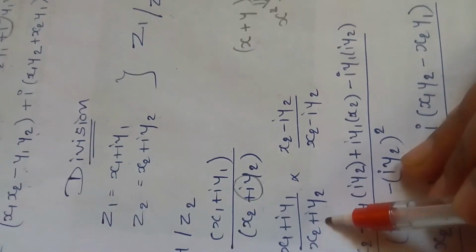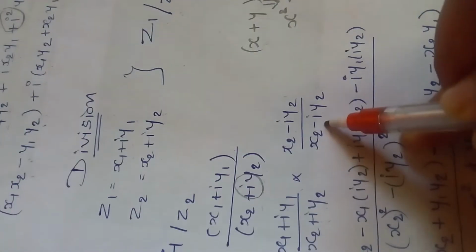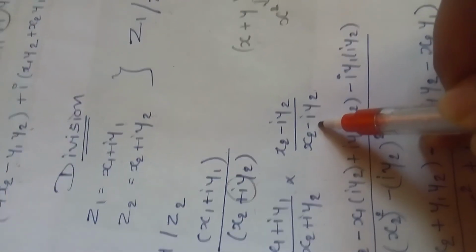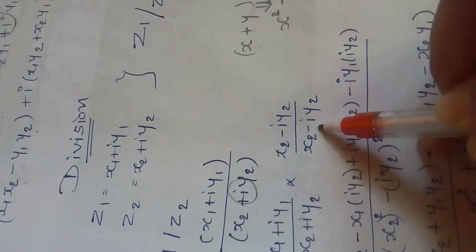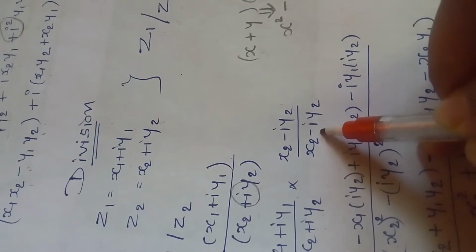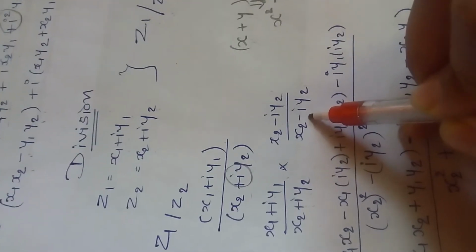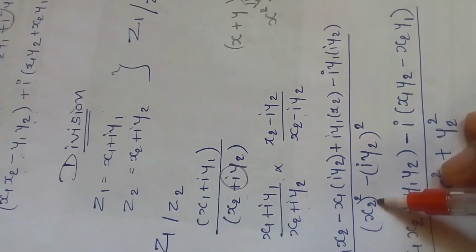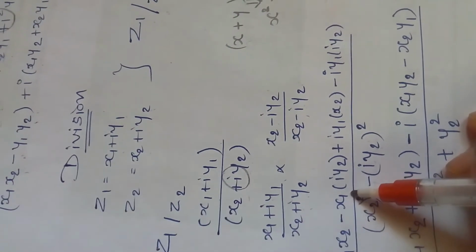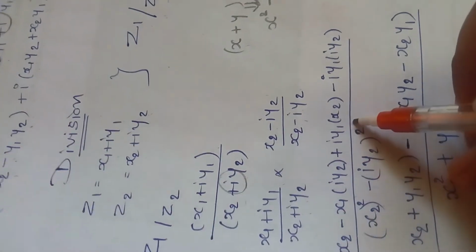In the same way, here you have two complex numbers with opposite signs, meaning two conjugates are being multiplied, so the result will be x2 square minus (iy2) square.